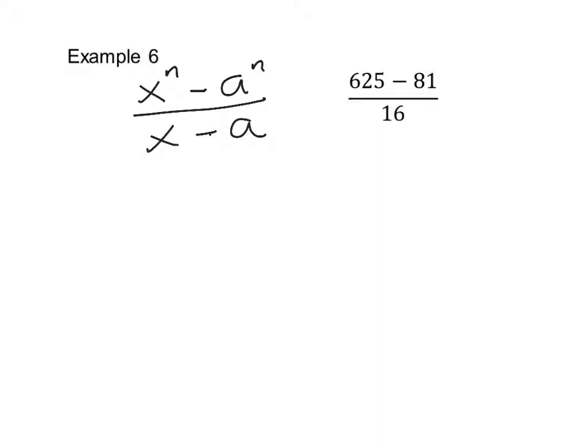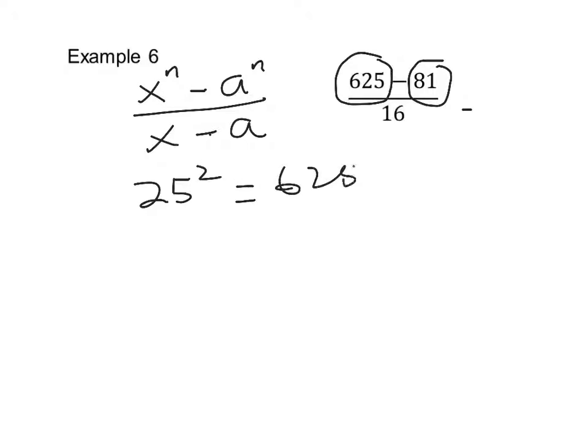Now, 625 and 81 have something in common. When we square something, we get 625, and if we square another thing, we get 81. We know that 25 squared is 625.